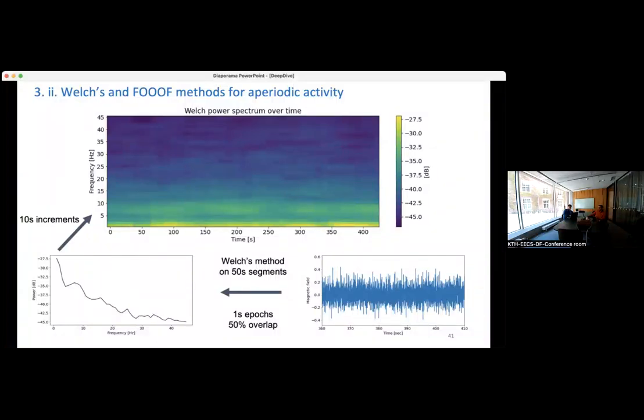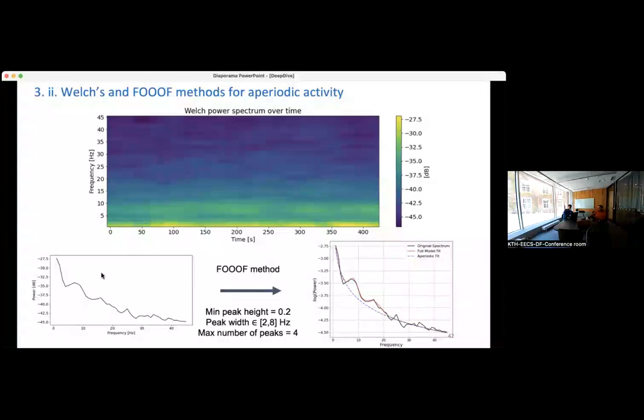Then for each of these power spectra, we fit this 1/f using an algorithm called FOOOF, which basically finds the best 1/f and models the bumps on top of this 1/f curve with Gaussians. This gives us some parameters, kappa and lambda.